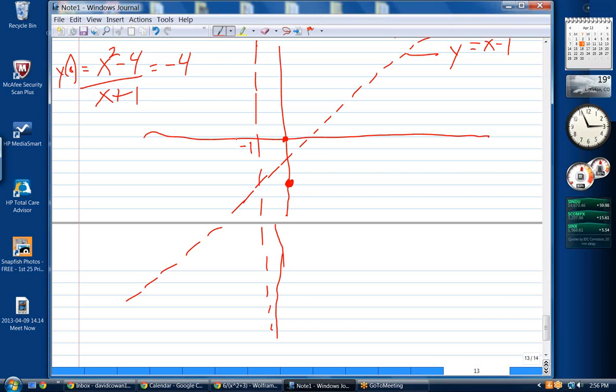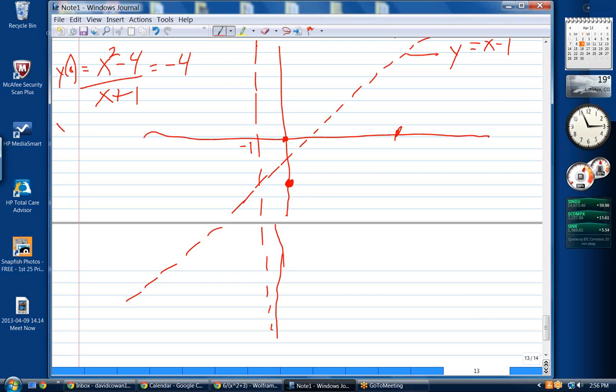Well, let's plug in an x, let's see, how can we verify that? If we plug in an x that's up here somewhere, we'll know. So let's plug in an x of 9.